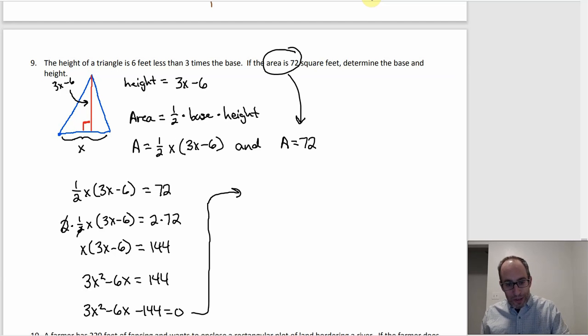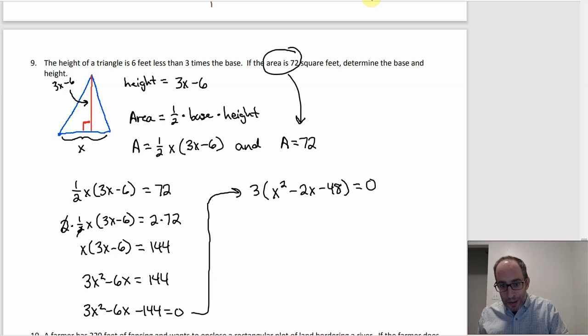All right, it looks like we're going to have a trinomial where the leading coefficient is not 1, but 3, 6, and 144 are all divisible by 3. So we can factor the 3 out. Outstanding, because then we're left with x squared minus 2x minus 48.